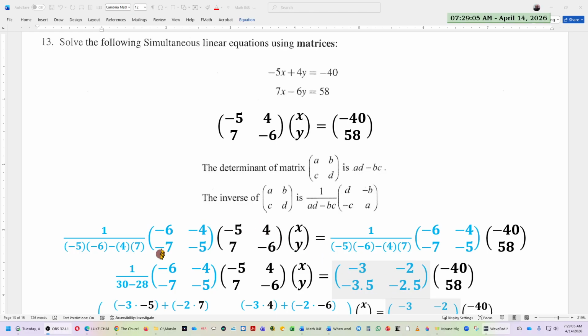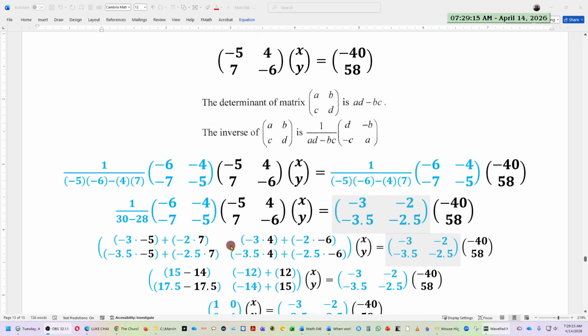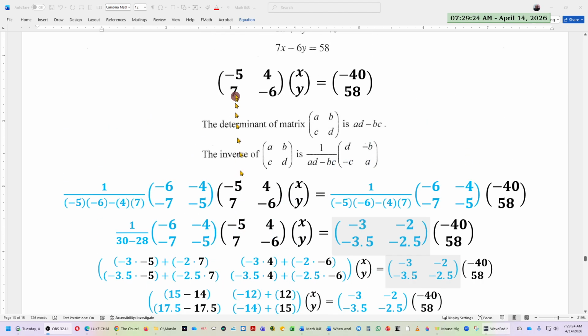So we're multiplying both sides of the equation by the inverse. What's going to happen when we multiply by the inverse, that's going to eliminate everything except you're going to finally end up with x, the column matrix xy. So this portion of the equation is going to become the identity.